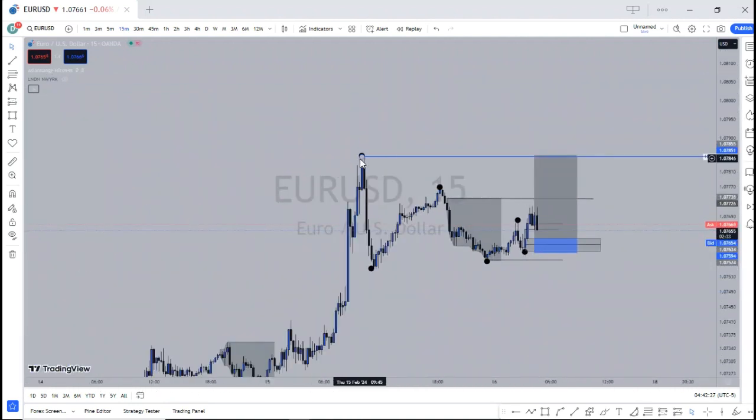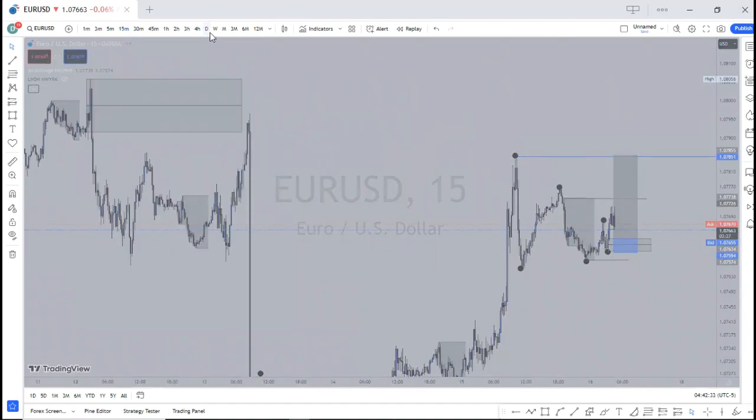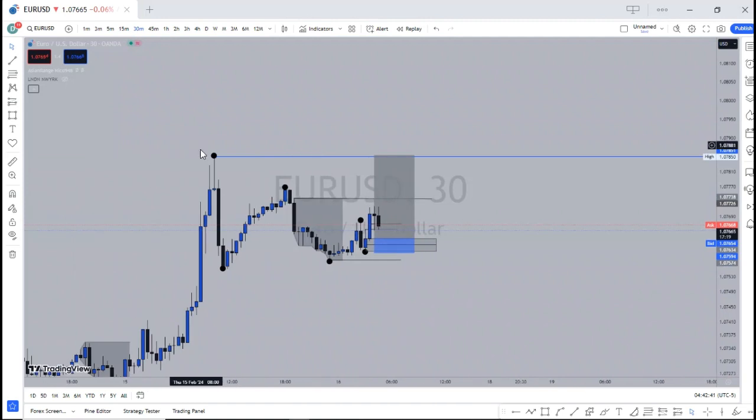The previous day is here. The blue line is my previous day.